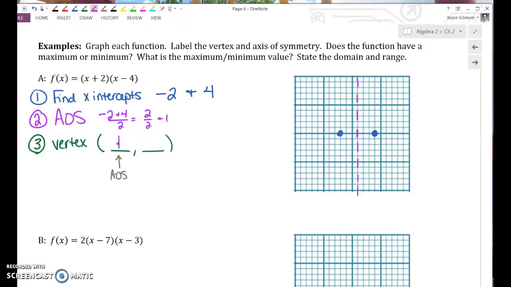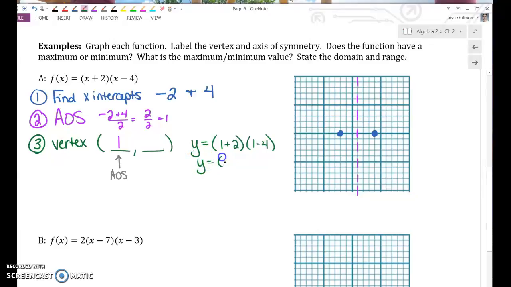Use the equation. Plug it in. So y equals parentheses. Oops, I should really be using green for this, shouldn't I? Details. Y equals 1 plus 2, closure parentheses, 1 minus 4, closure parentheses.